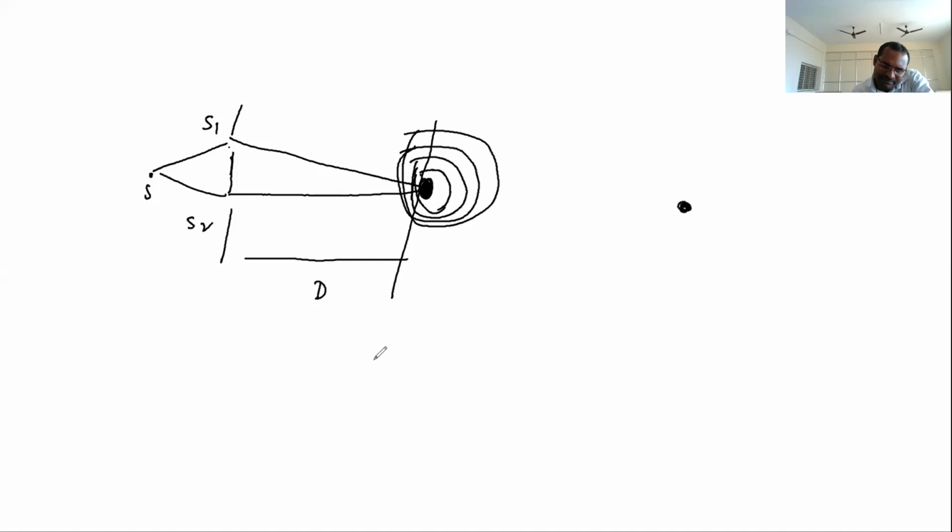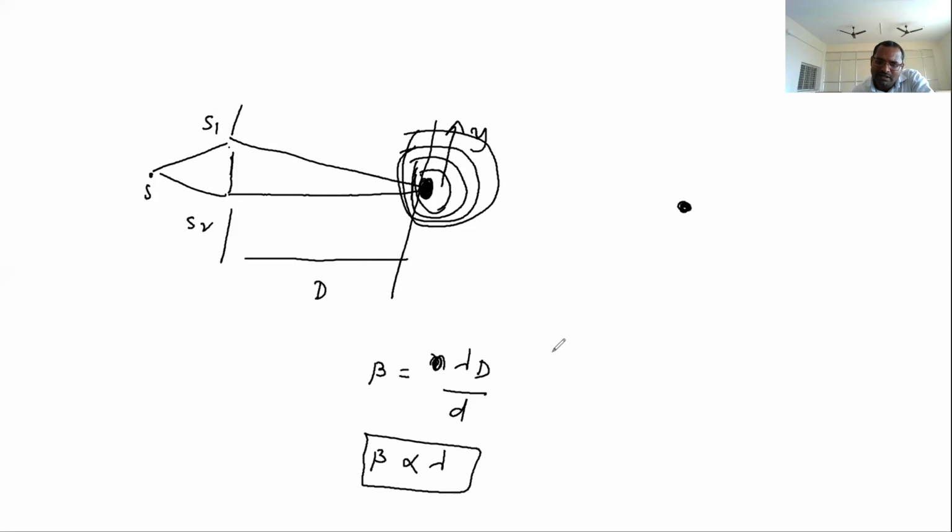First, we know the fringe width formula: fringe width is equal to lambda D by d. This means the fringe width depends upon lambda, correct? And one more thing: from here, if you go upward a distance y, where will maxima form? Maxima will form for path difference n lambda. Minima will form for (2n minus 1) lambda by 2.